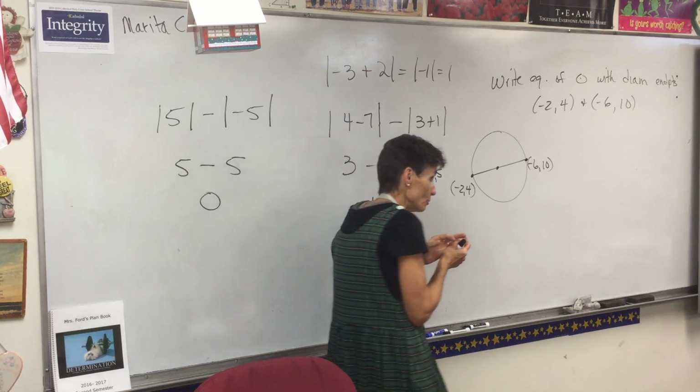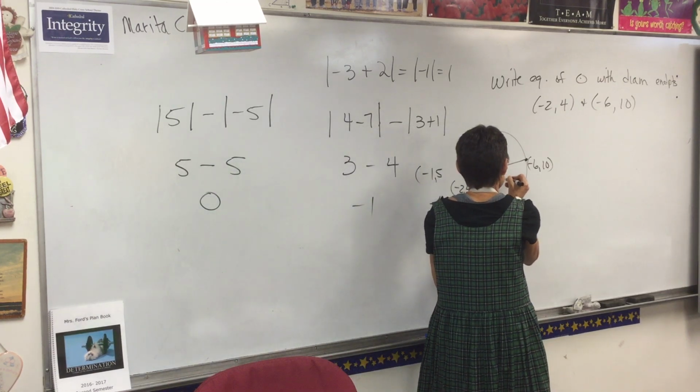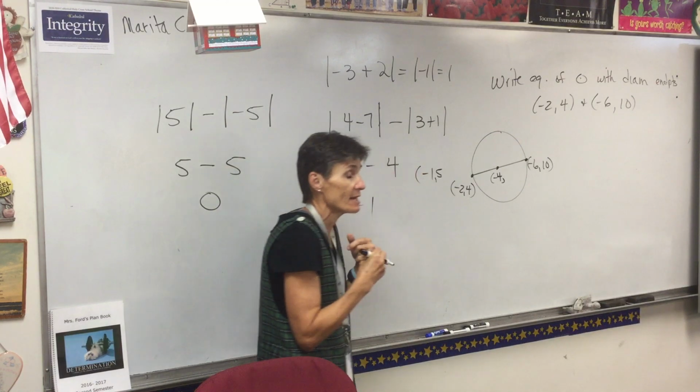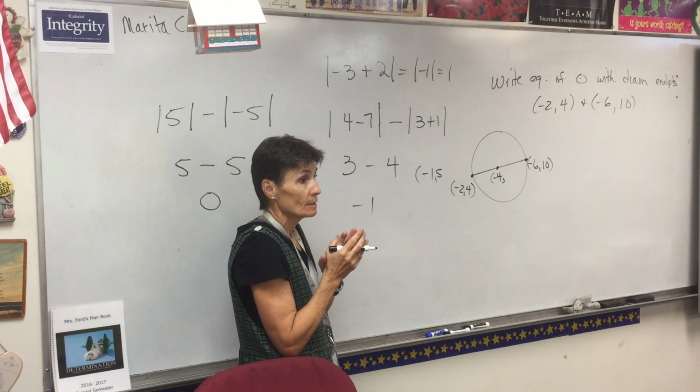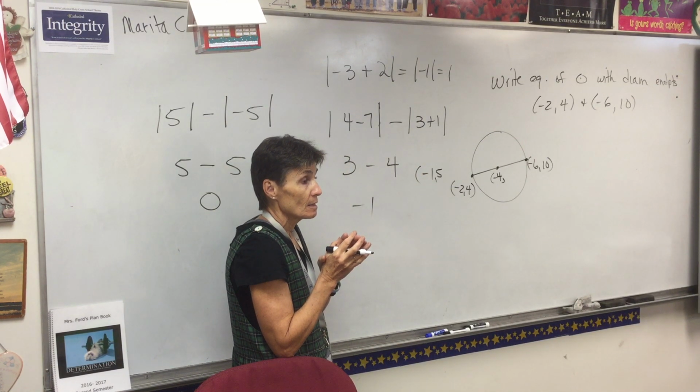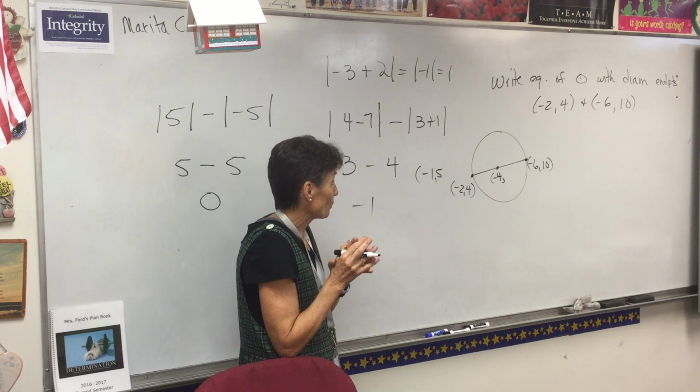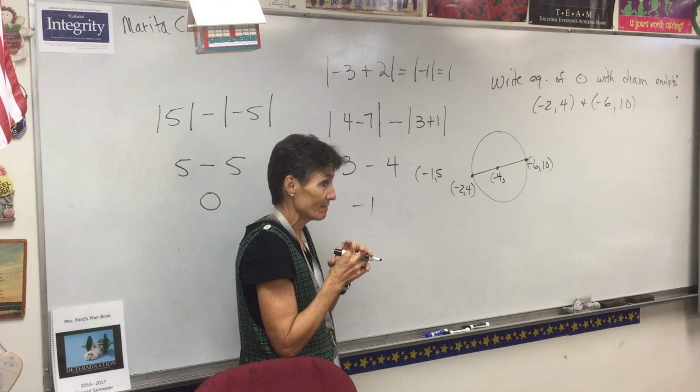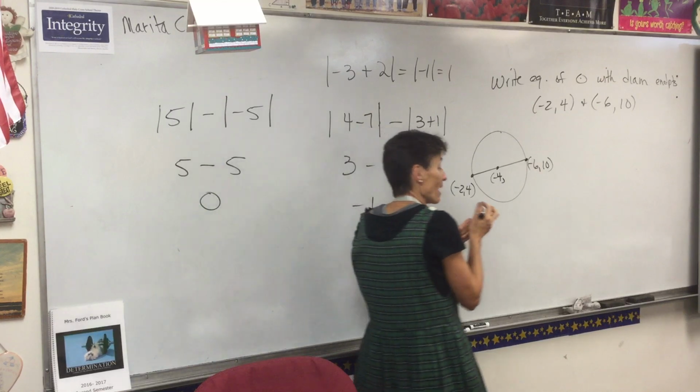Divided by 2, -4. So your middle x is -4. Now what about y? We have 4 and 10. So half of that would be 7.